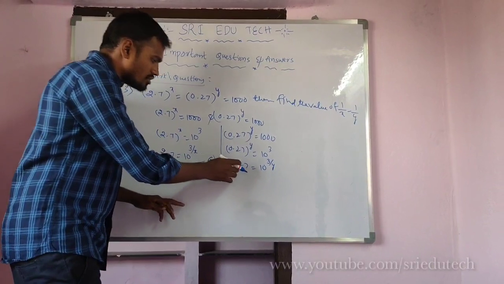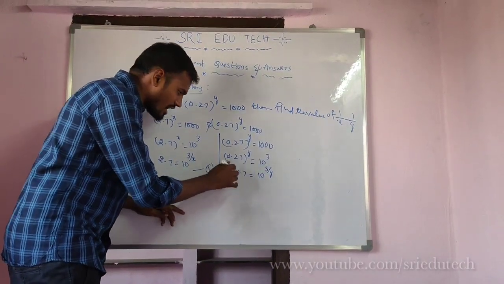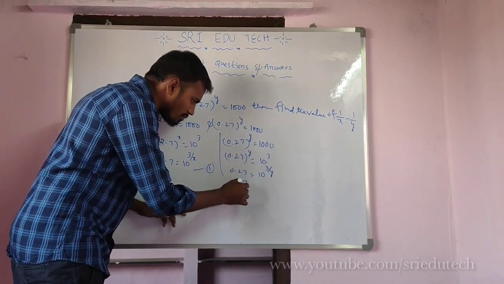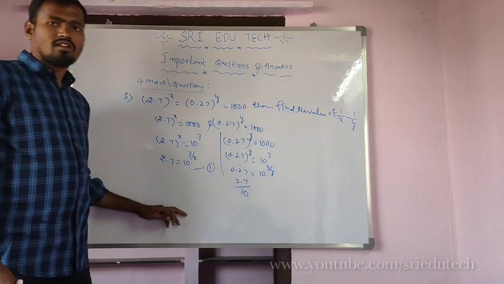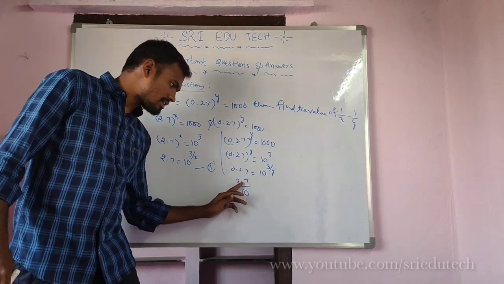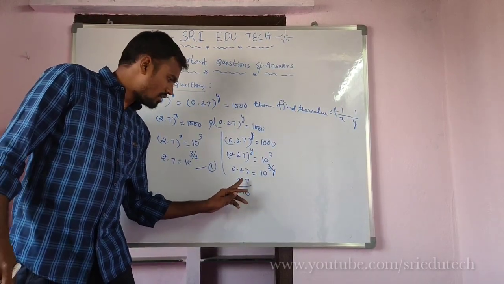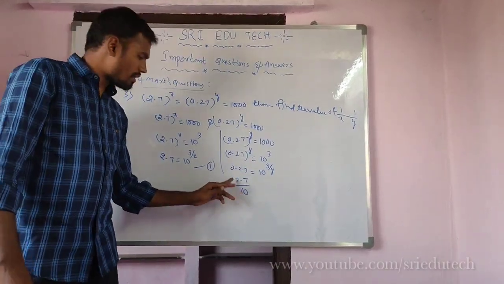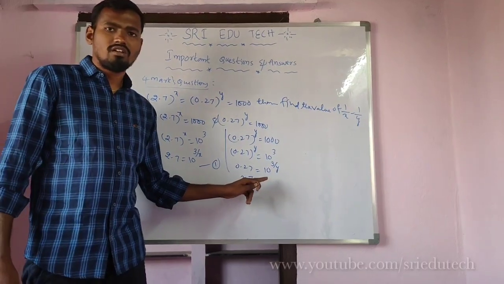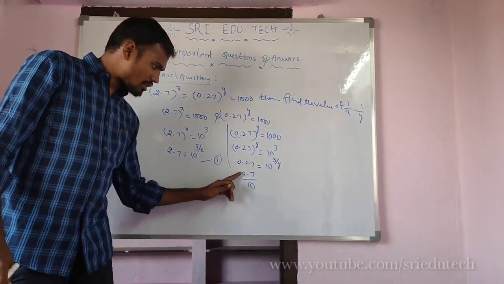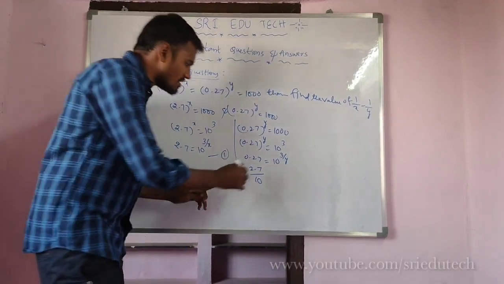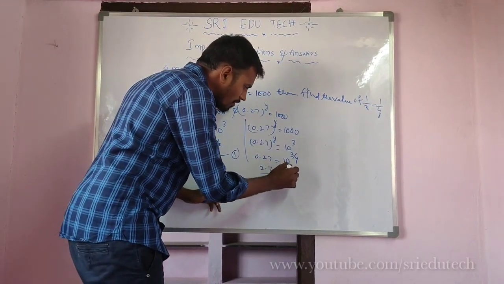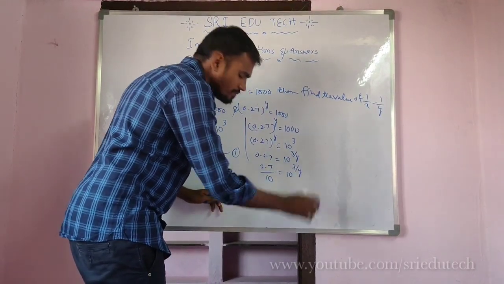See now 0.27 is also written as 2.7 by 10. See, if we remove the point, we can keep 0 here. Then 27 by 100. 27 by 100 is nothing but 0.27. Right? So that's why we can write 2.7 by 10 is equal to 10 to the power of 3 by y.